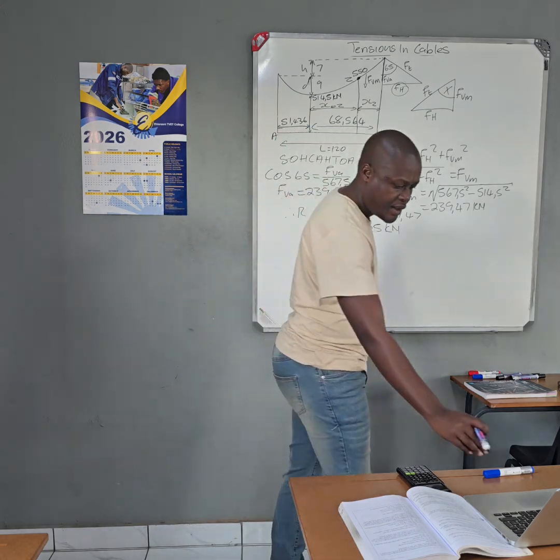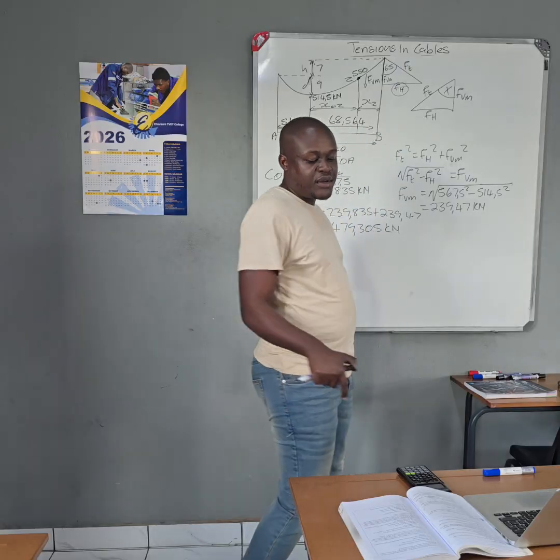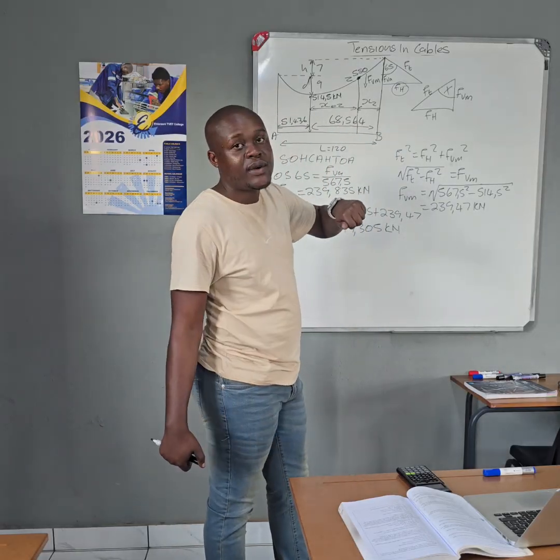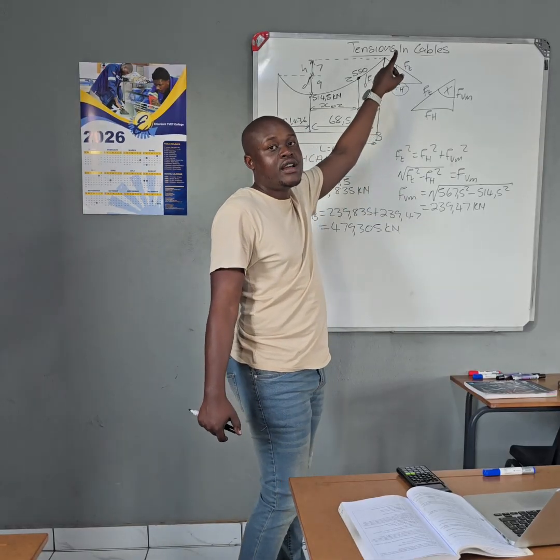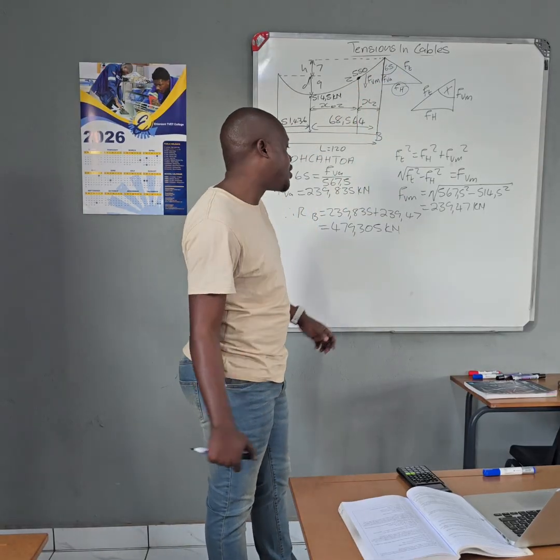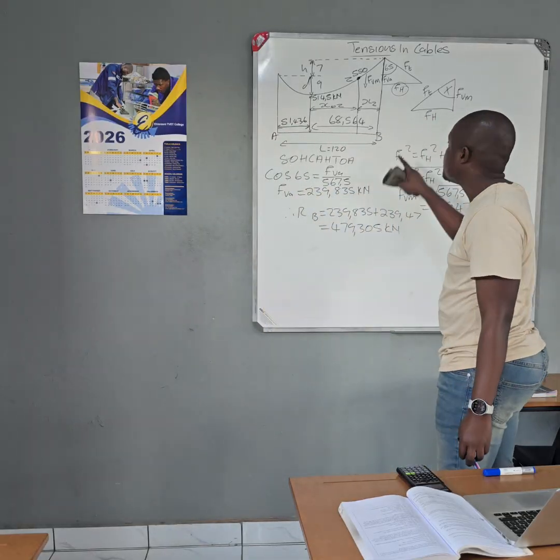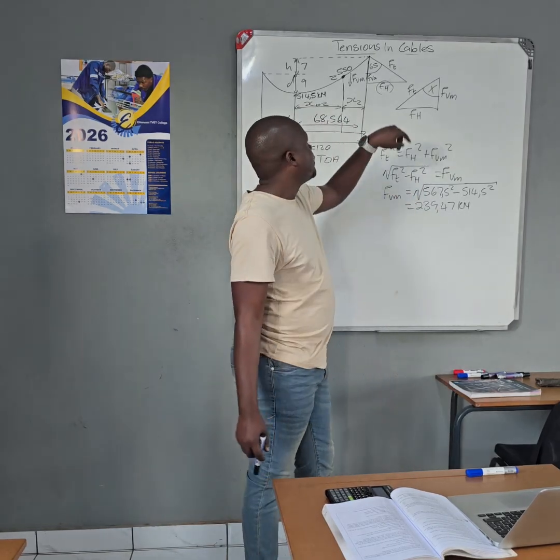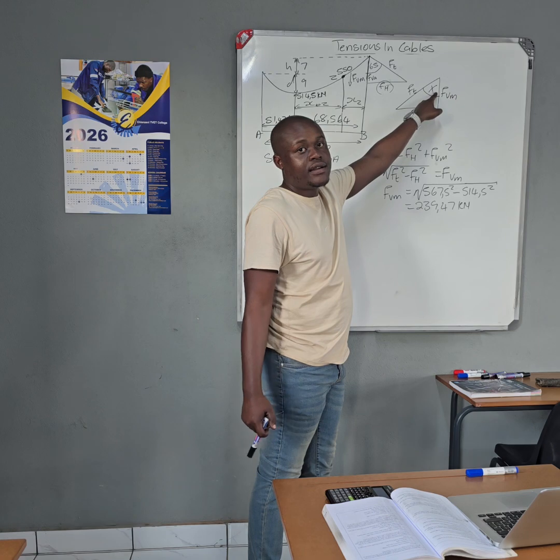Now, we want to find the reaction in the support if the pulleys are replaced by frictionless rollers. So we are not changing the angle, we are simply changing this system. Instead of a pulley, we are now putting frictionless rollers or a trolley. So if it's a trolley, what is equal now? FH, right? So never assume also that this angle and this angle are equal.